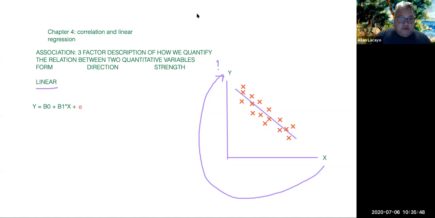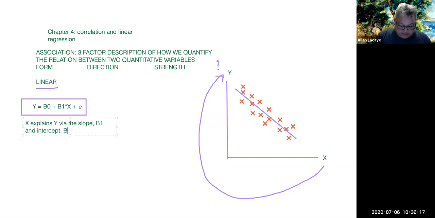And so the linear model is one that is identifying what we can explain about the relationship between x and y. X explains y via the slope and intercept. But this explanation is imperfect or incomplete, and not all of y is explained.